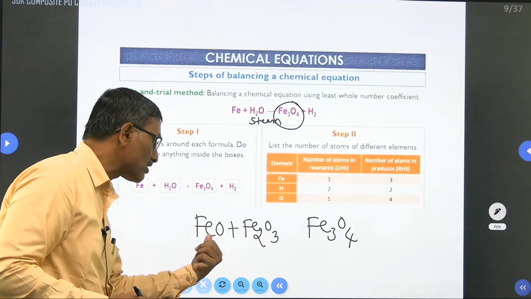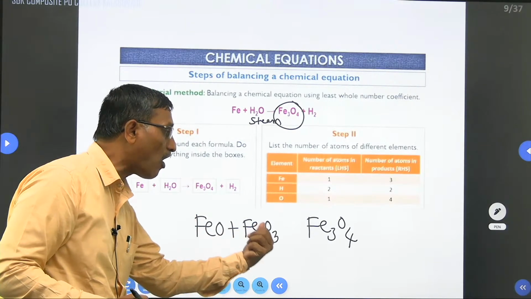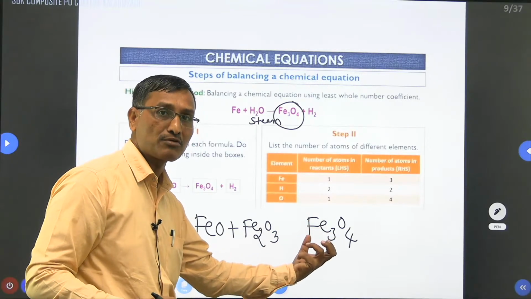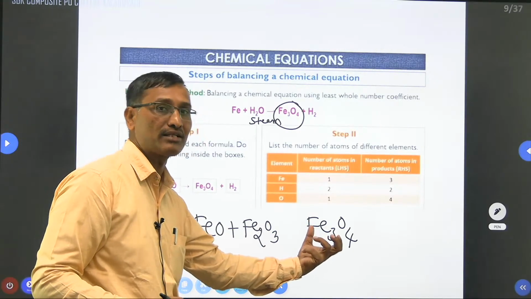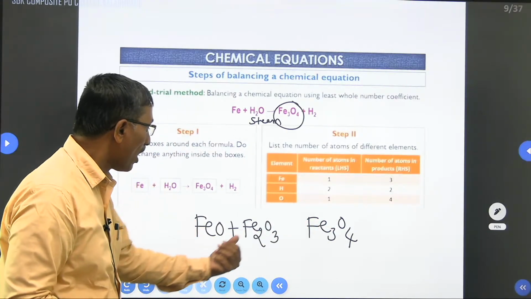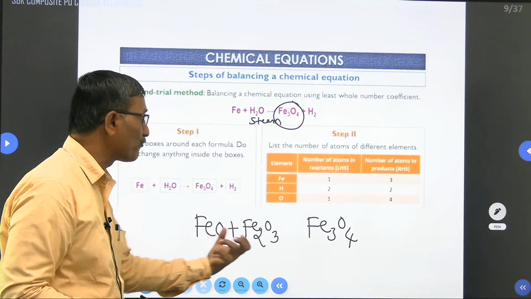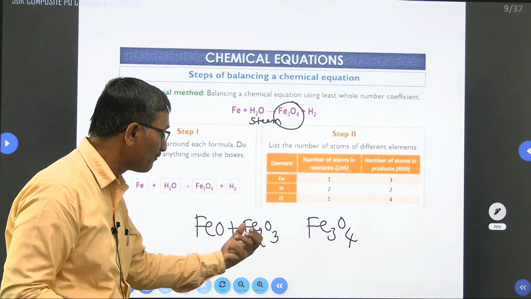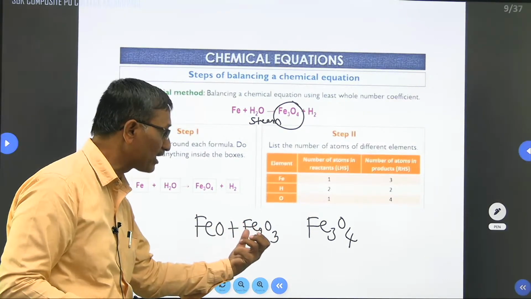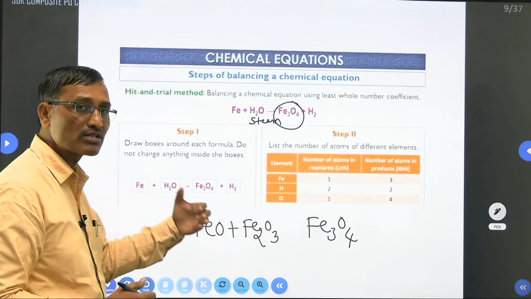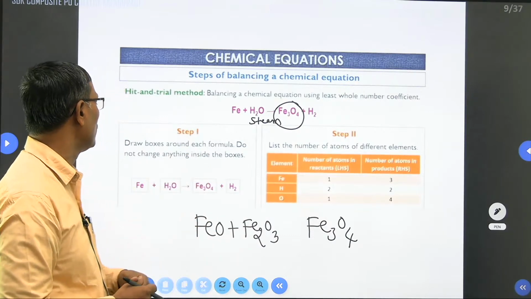This is ferrous oxide plus ferric oxide, which gives rise to magnetite, Fe3O4. So it is a mixed oxide form, ferrous oxide plus ferric oxide, ferrous ferric gives rise to Fe3O4. So, a mixed oxide form of iron metal.